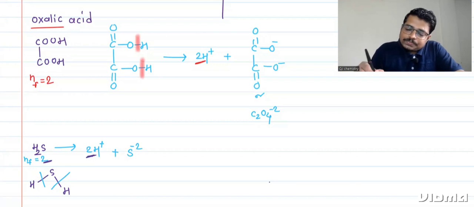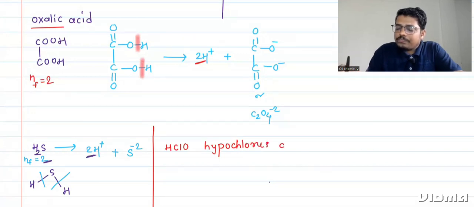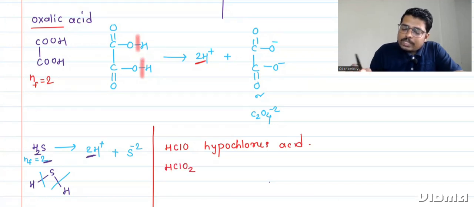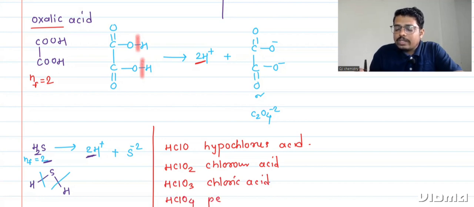Next example, hypochlorous acid, HClO. The name of this compound is hypochlorous acid. Next example is HClO2, that is chlorous acid. HClO3 is known as chloric acid, and perchloric acid is HClO4.